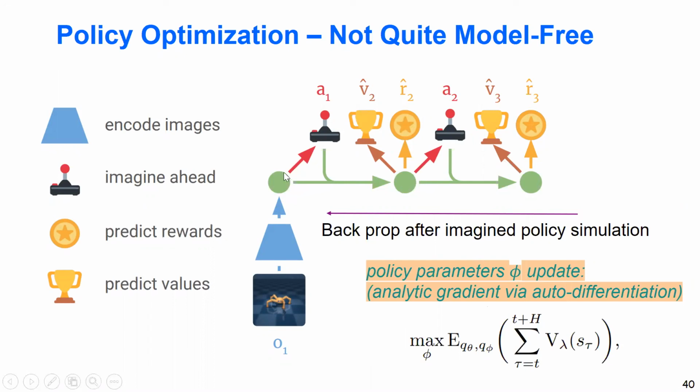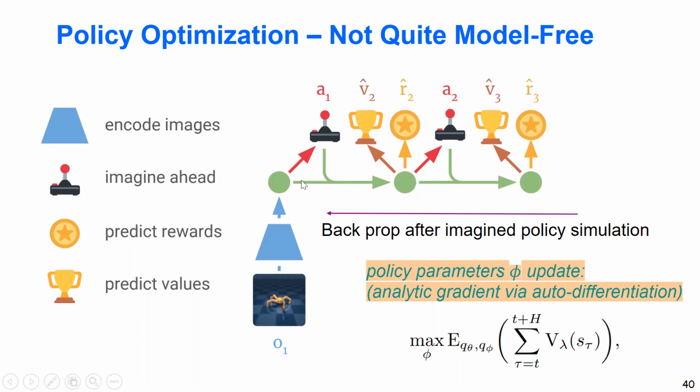Since this transition function, the reward function, and the value function are differentiable, they can actually update the policy parameters in a way that improves the reward that you could get along this trajectory.